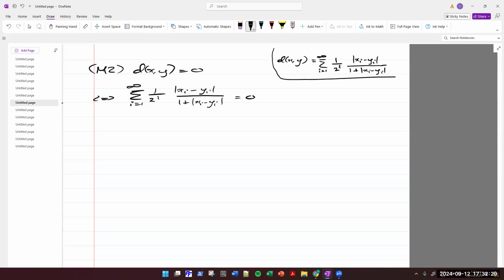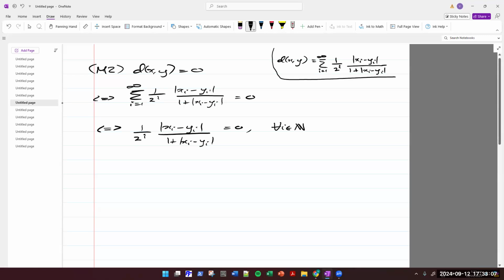And of course, we know now that all those terms that are being summed in this series are non-negative. So if you're summing all these terms in your series and the sum is 0, then each one of these individual terms has to be 0. And this is true for all i.